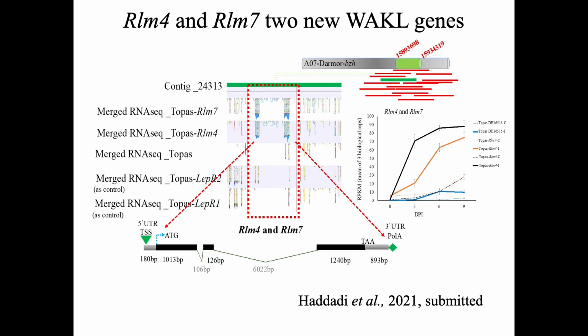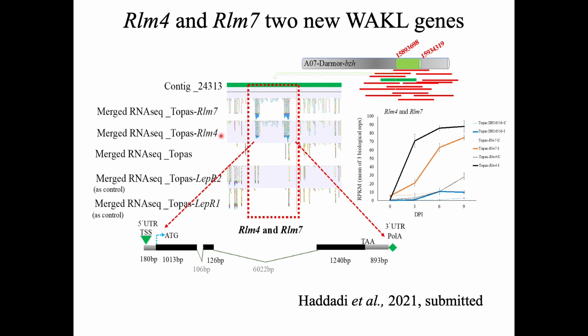We also wanted to clone RLM4 and Rlm7. For this, we used the Topaz RLM4 integration line and Topaz Rlm7. We first sequenced Topaz Rlm7 and Rlm4, and we assembled the genome.